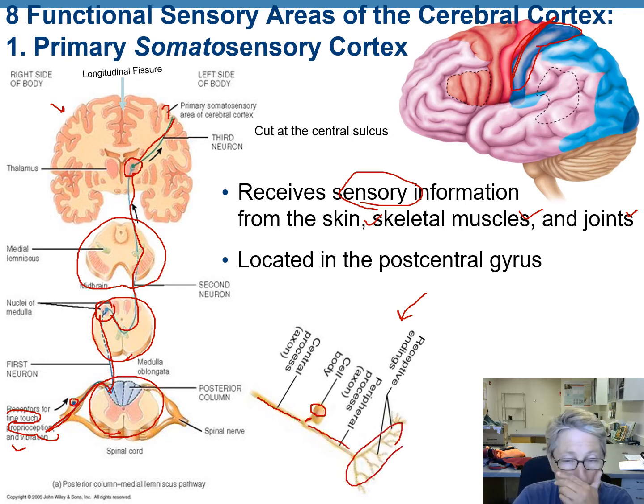In the cartoon I just talked about, these receptive endings would be sensitive to fine touch or vibration. They would start out as a local potential here, and then that information would travel along the peripheral process of the axon as an action potential, and then along the central process of the axon to get into the spinal cord.